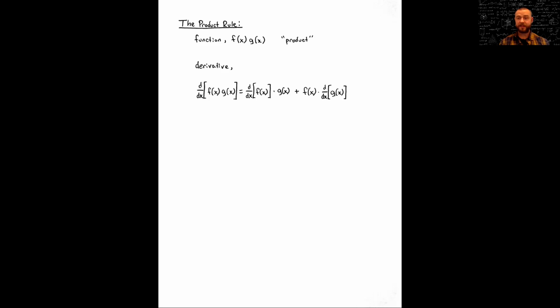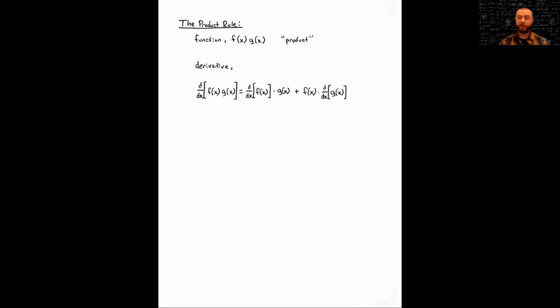Okay, if that is our function, the derivative of that product, what we call the product rule, if we read it left to right across there, is the derivative of f of x times g of x, plus f of x times the derivative of g of x. Again, the formula looks simple.